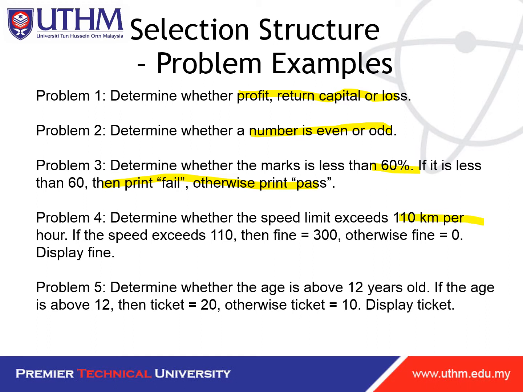If the speed exceeds it, the fine is 300, otherwise the fine is 0, and then display the fine. Problem 5: determine whether the age is above 12. If the age is above 12 years old, the ticket is 20, otherwise the ticket is 10. So for all of these you need selections to decide the next step of a program.